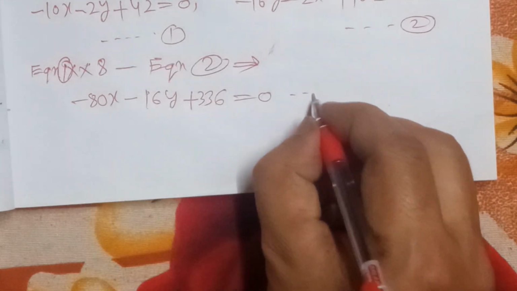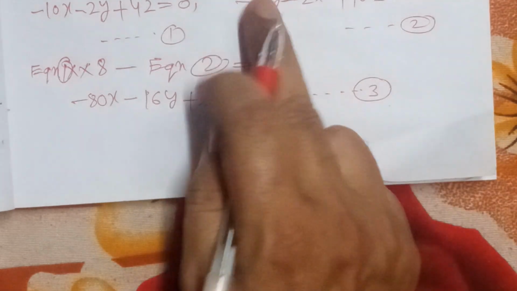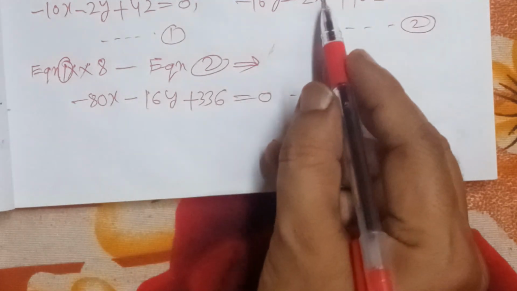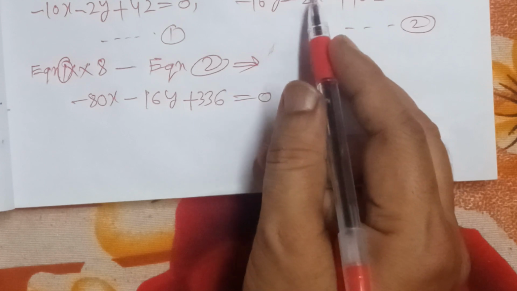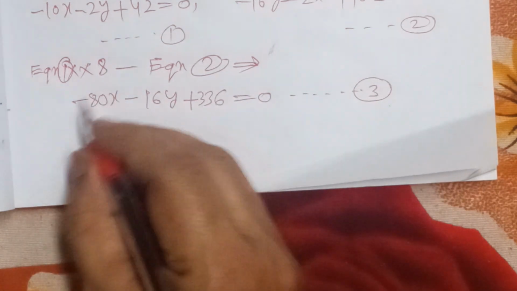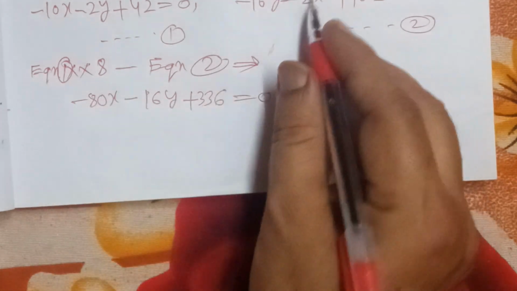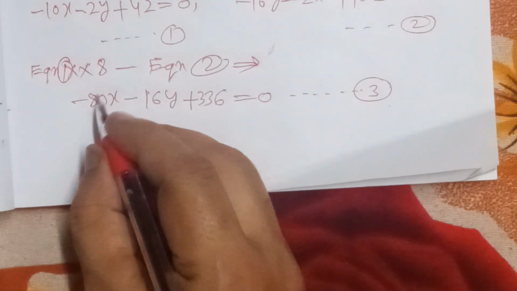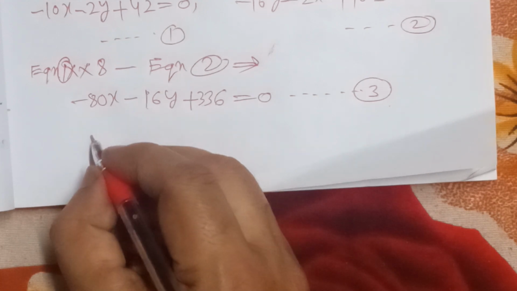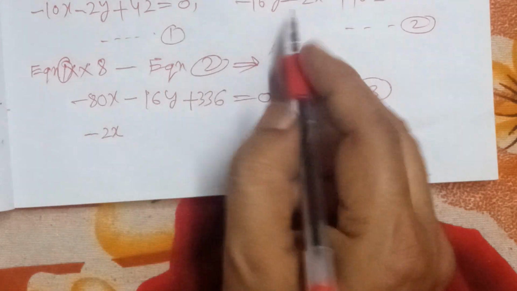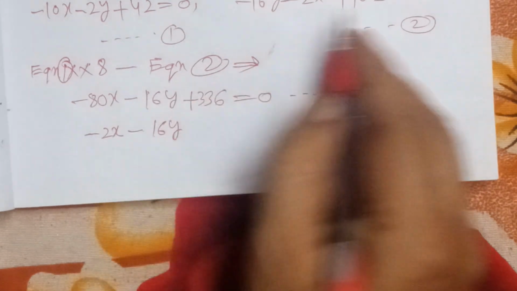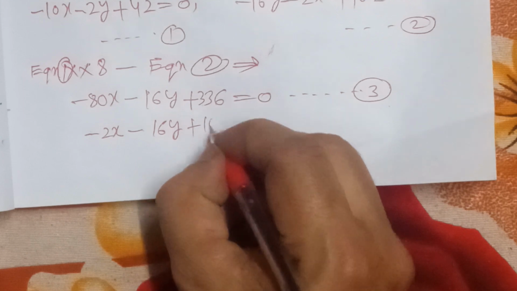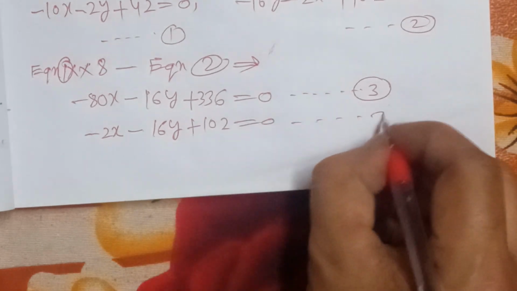Equation 1 now becomes equation 3, and equation 2 we write with like terms beneath the like terms. My meaning is, minus 2x should be written below minus 80x, so write minus 2x here, and 16y beneath the 16y, and write the constant 102 is equal to 0. It is equation number 2.